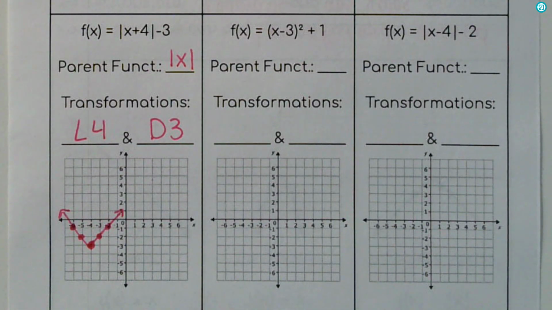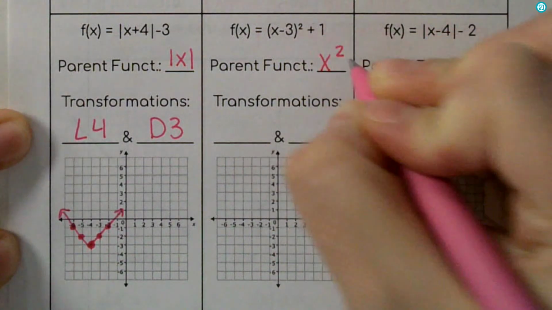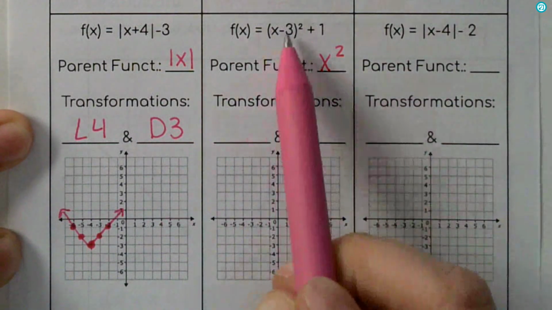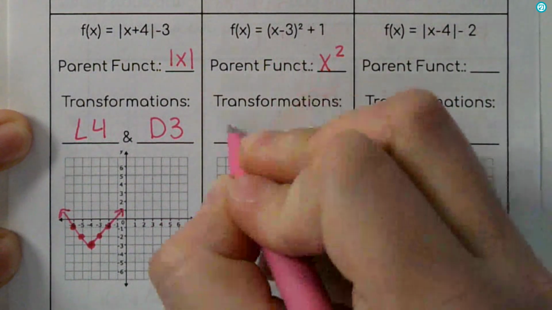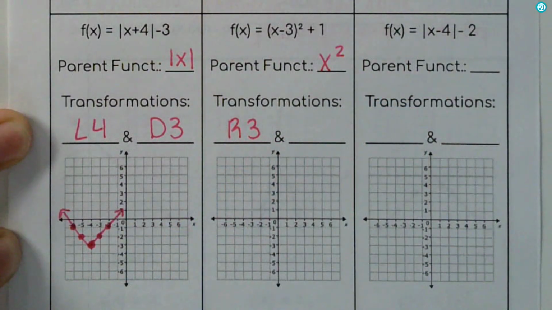Okay, what is my parent function on this one? X squared, the quadratic. Awesome. What is my first transformation? Right 3. So I'm subtracting inside, which moves me to the right. Okay, somebody else. What is my second transformation? Yeah, you're right.